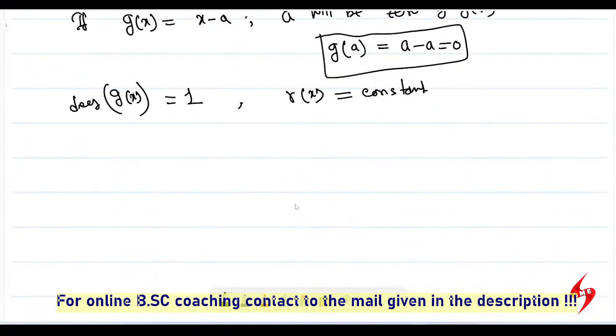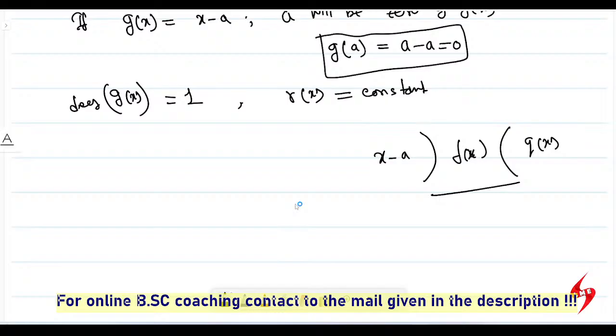Definitely that will happen, because if the degree of r of x is greater than or equal to this polynomial's, then the division process moves forward.